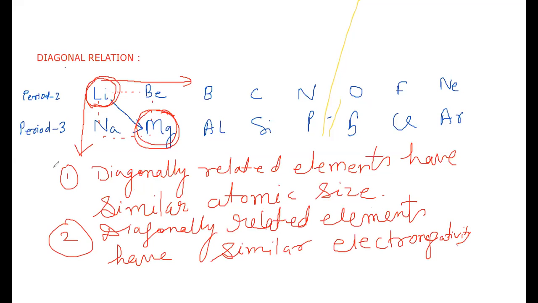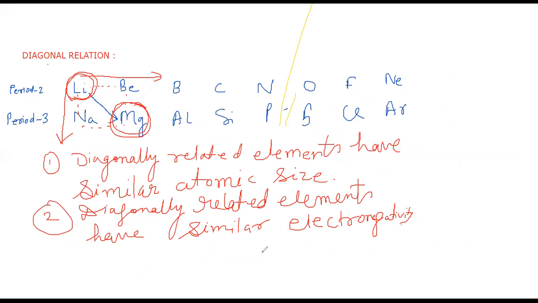Now, if any atoms have similar atomic size and electronegativity, obviously their chemical properties will also be the same. Right or wrong? Yes, sir. So as a result, their chemical properties are also the same. Like if you take lithium carbonate and heat it, it will form lithium oxide and CO2 gas will come out.